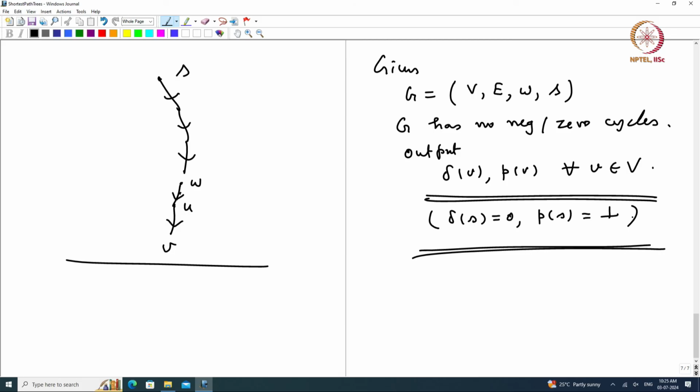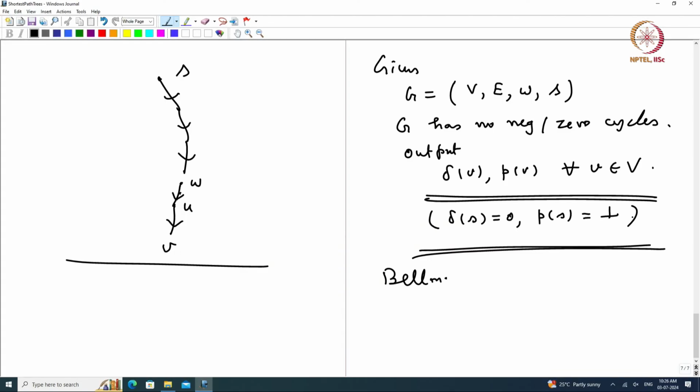Okay. So, this completes our discussions on Belman tree. In fact, Belman tree is also known as shortest path tree.